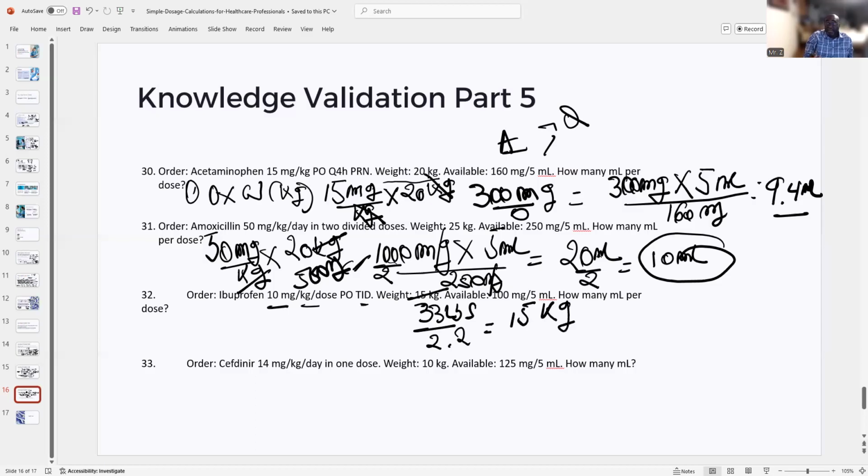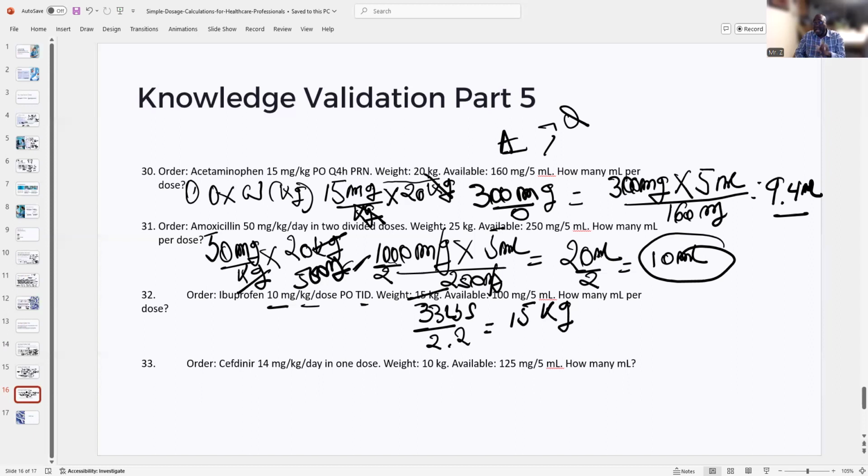Don't forget, if your weight is already in kilogram, you multiply directly. But if the weight was in pounds, you divide by 2.2 to get kilogram. From pound to kilogram, you divide by 2.2.